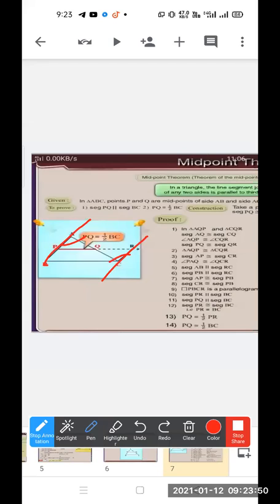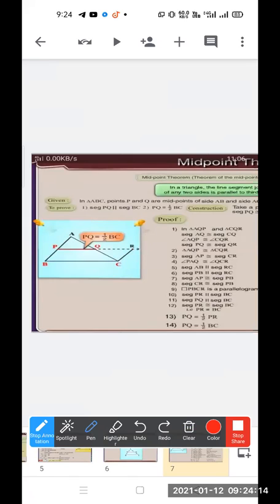If alternate angles are congruent, then the two given lines are parallel. In the previous class we discussed the alternate angle test. Therefore, AB is parallel to CR.